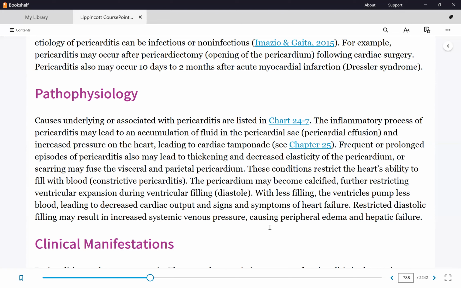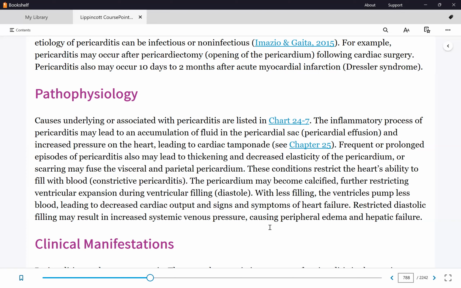Third, it can also be caused by a heart attack, meaning after part of your myocardium died because of a heart attack, there's inflammation around the dead area, which can cause pericarditis. The fourth cause is also a heart attack, but the pericarditis did not occur within 24 hours of the heart attack.